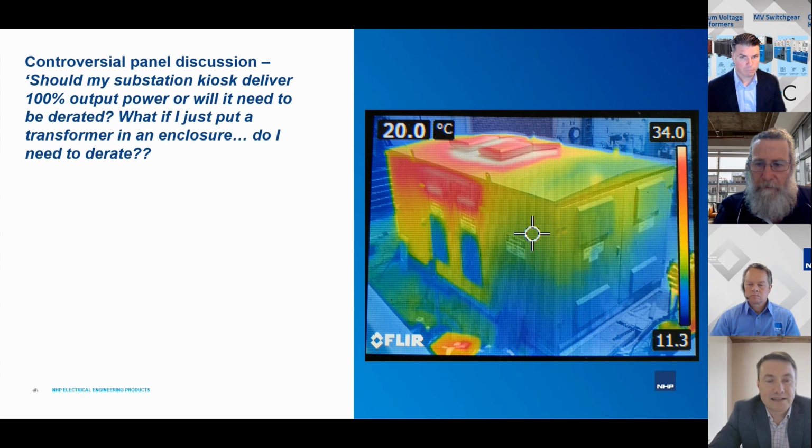So if you install a standard transformer rated to 40 degrees, it can only deliver 80% of the output. But if you increase the design temperature to 50 or 55, then all of a sudden you get 95%. So that can all be optimized upfront at the design stage.